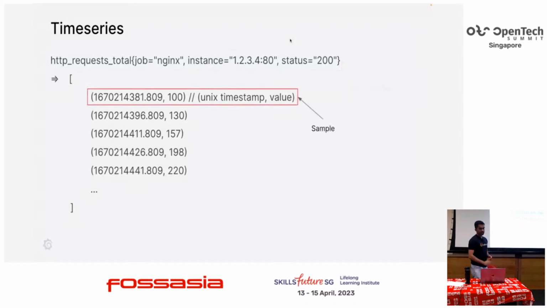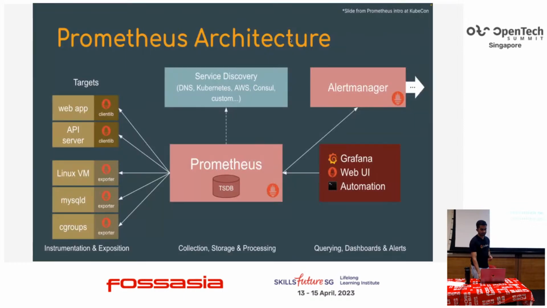Along with an identifier, a time series is just a stream of samples. Here, a sample is a tuple of timestamp and a value. We use Unix timestamp, and the value can be a float. And that's the basis of a time series which we are going to store in the TSDB right now.